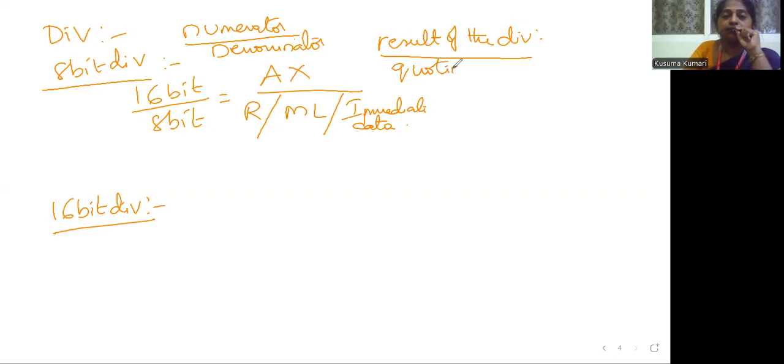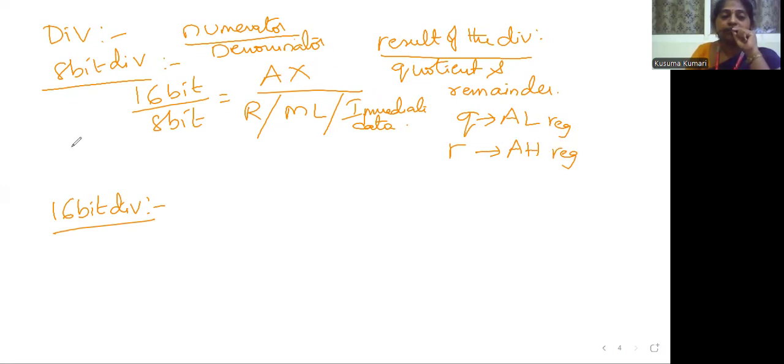In case of 8-bit division, the quotient is available in the AL register and the remainder is available in the AH register. Okay, that is about the division.